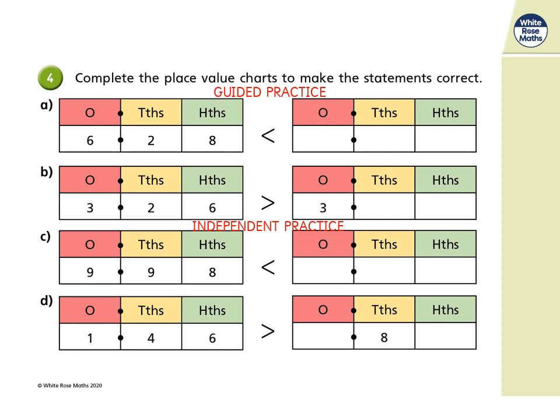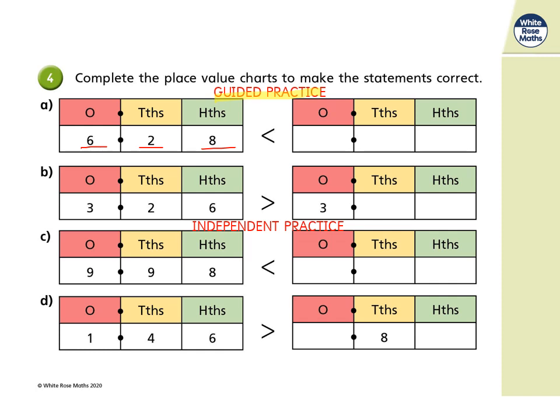Now, again here, we are having more fluency and more practice through variation. We're going to complete the place value charts to make the statements correct. Watch me in my guided practice first. So, here I have 6 ones, I have 2 tenths, and I have 8 hundredths. But my symbol, the wide part of the symbol, is not facing towards 6.28.